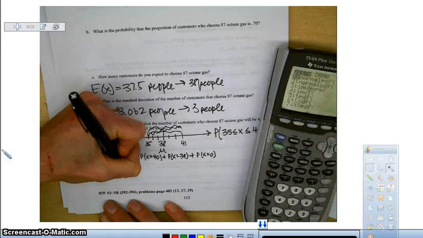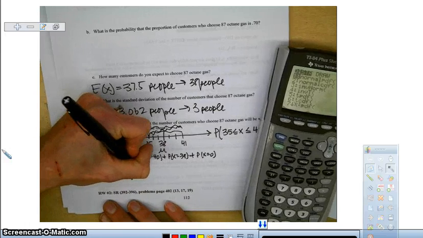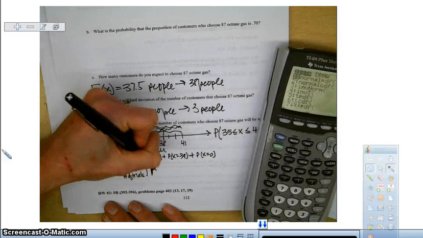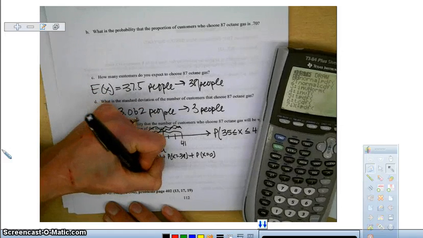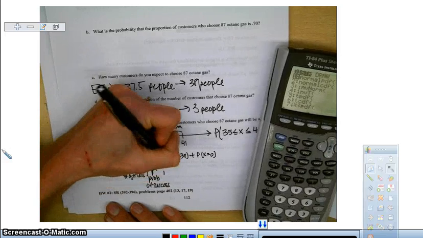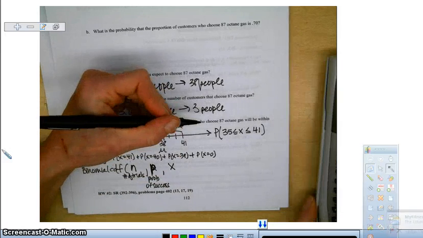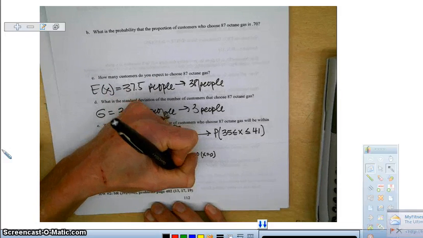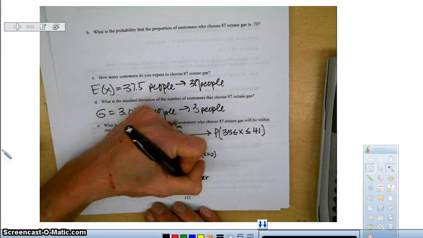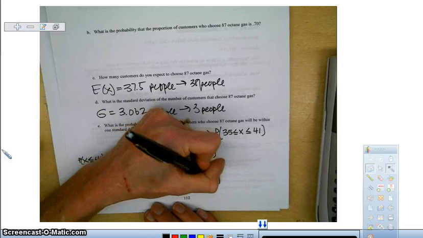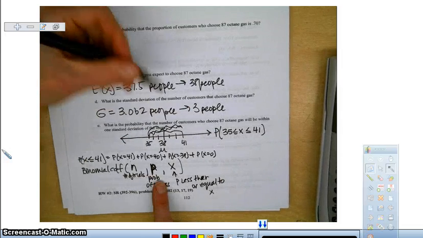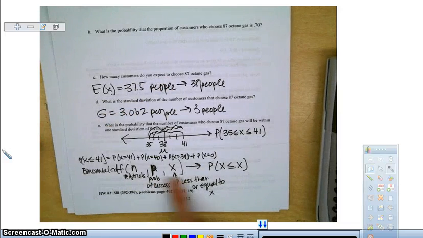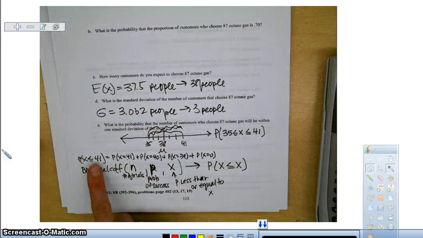Second, the p, the probability of success. And finally you type in your x value. This finds the probability that x is less than or equal to the x value. So it will actually find this probability for us.